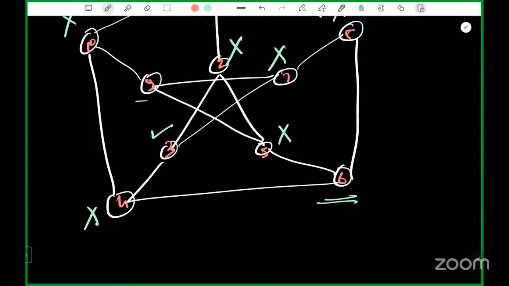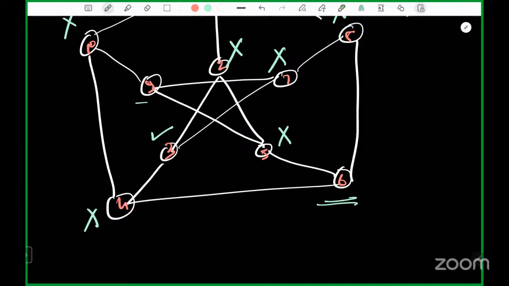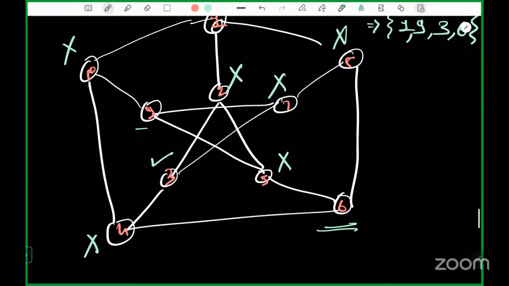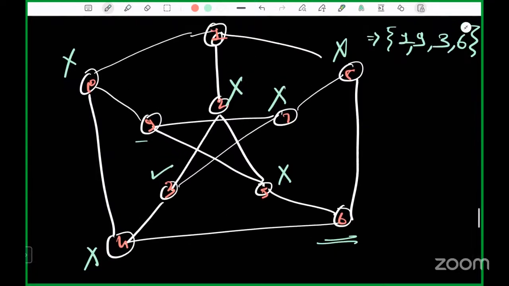So I select 3 in place of 4, and then I can select 6 as well. So here we can consider the independent set to be of length 4. That means we can take 4 vertices to create an independent set.